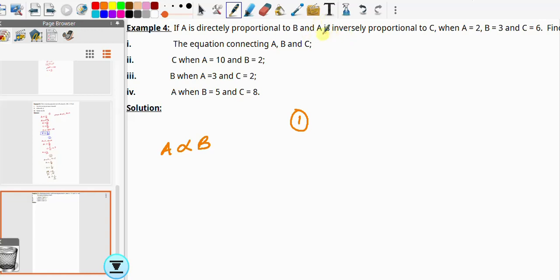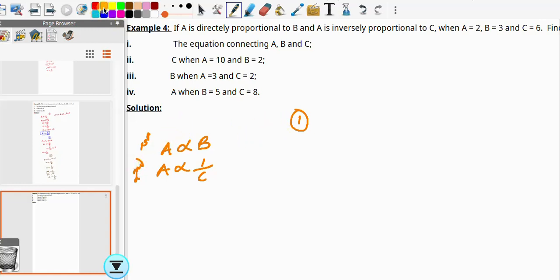The second sentence now says A is inversely proportional to C. A again is inversely proportional to C, right? This is how it is going to come. This is the first statement. This is the second statement, right?